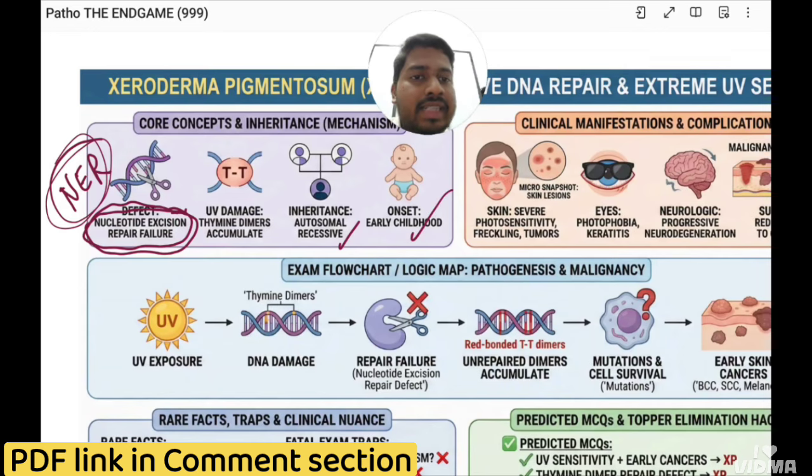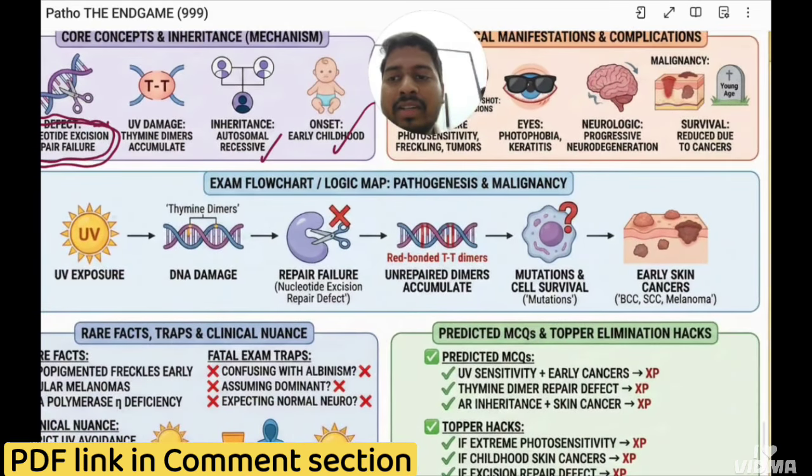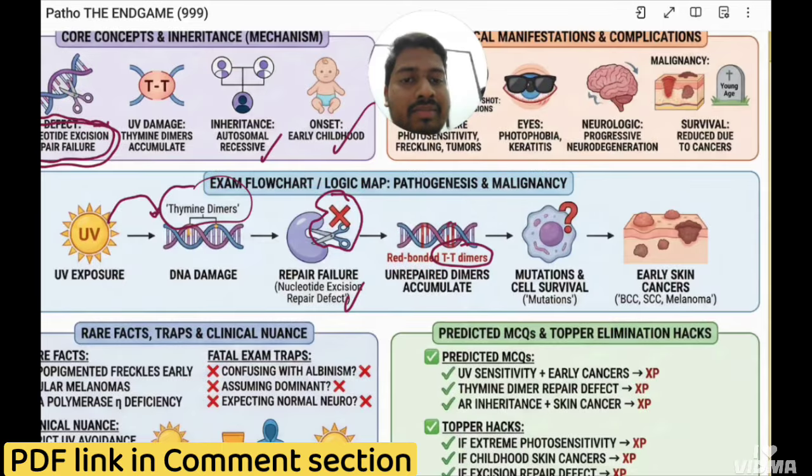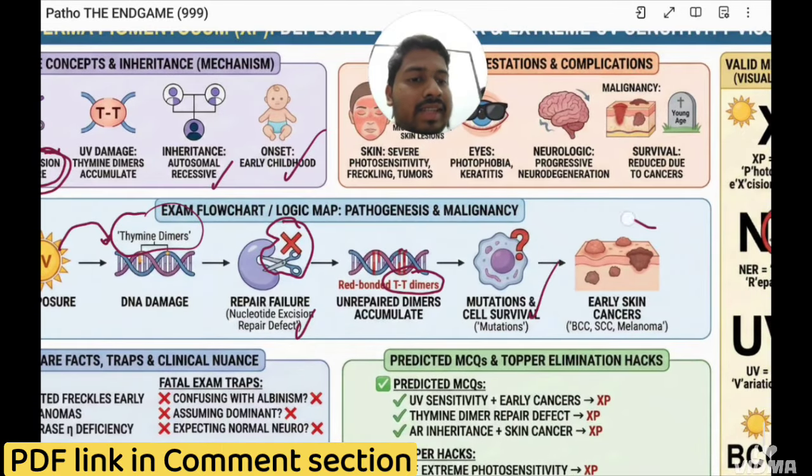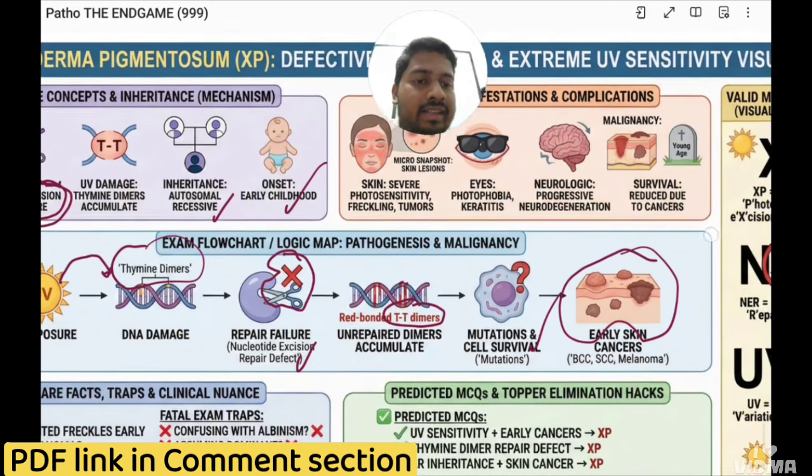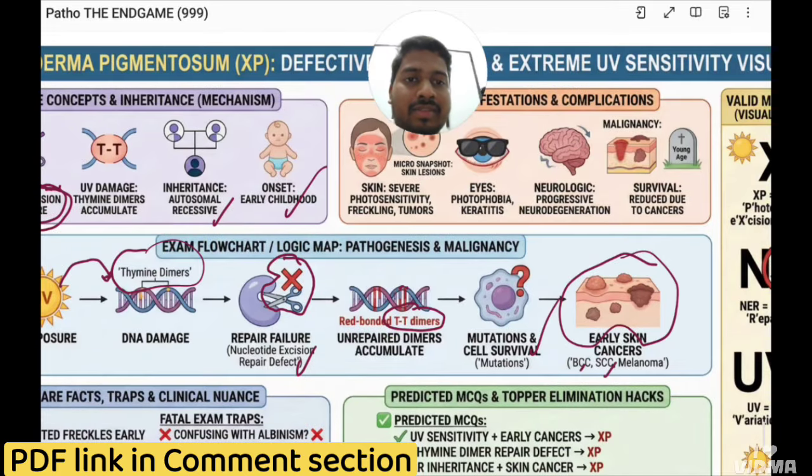It's an early childhood onset disease. So basically UV exposure occurs, thymine dimers accumulate, there is repair failure of nucleotide excision repair. These thymine TT dimers accumulate, they cause mutations, and this leads to early skin cancers like basal cell carcinoma, squamous cell carcinoma.